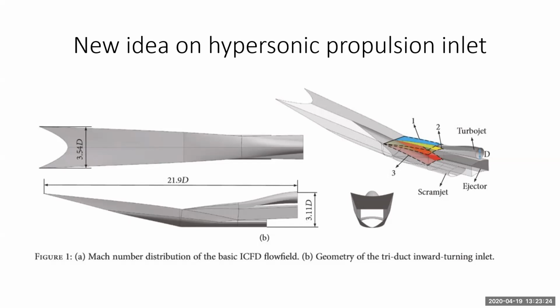But the performance of this combined cycle engine is not great and stable for now. There is a paper that did some simulation on this kind of three-duct hypersonic inlet, and it suggests that more work needs to be done to determine the distribution of mass flow into these three different parts, which influences the performance of this inlet really seriously.